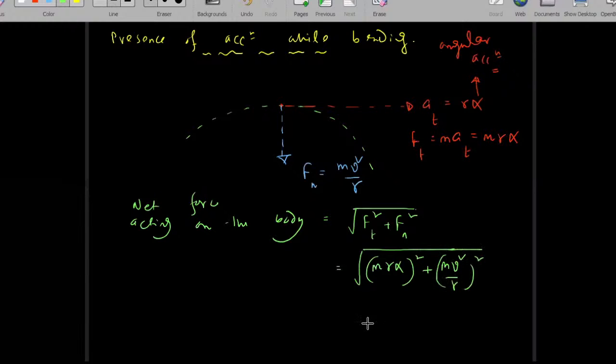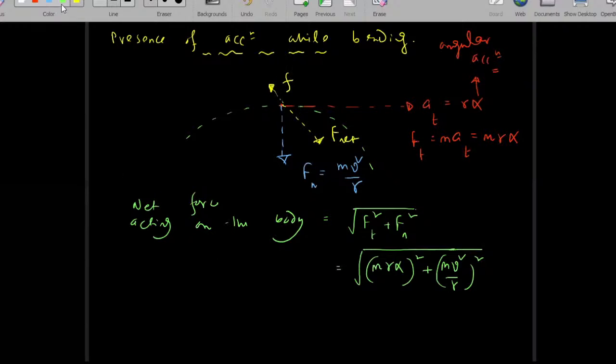Now try to understand one thing. For safely negotiating the bend, this must be managed by friction, because your net force now comes in this direction. This is the direction of net force. It must be managed by friction.